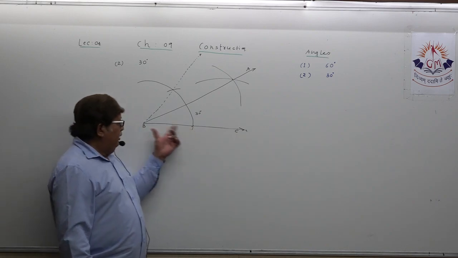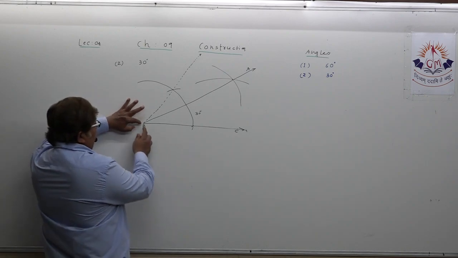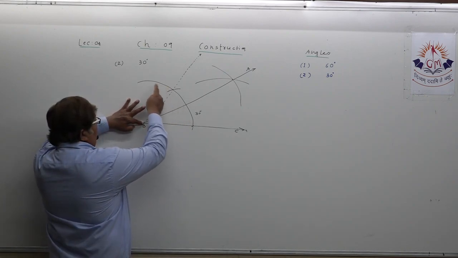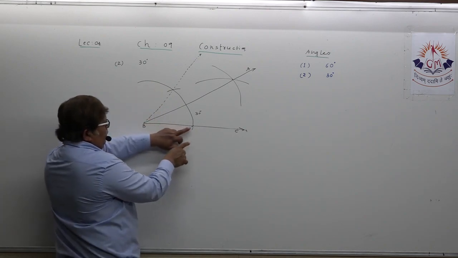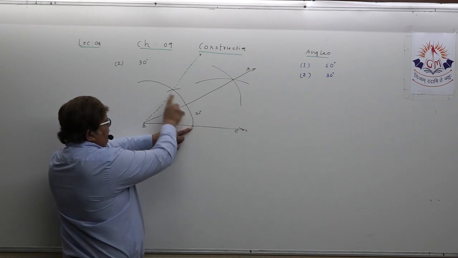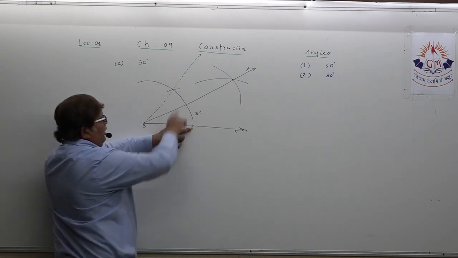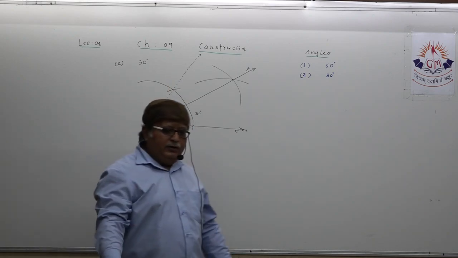Taking some appropriate radius and center at point B, we have drawn an arc. Keeping the same radius, you centered your compass here and intersected this arc with a dotted line. This was the angle of 60 degrees already.